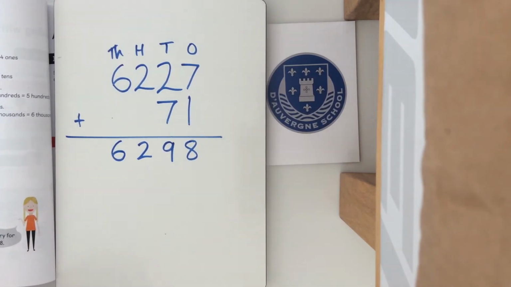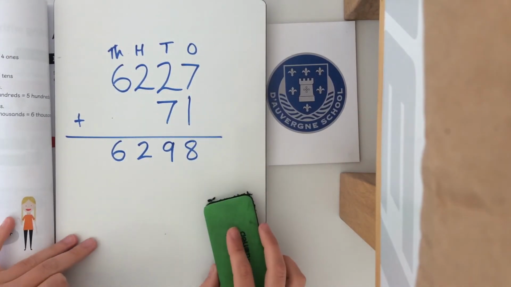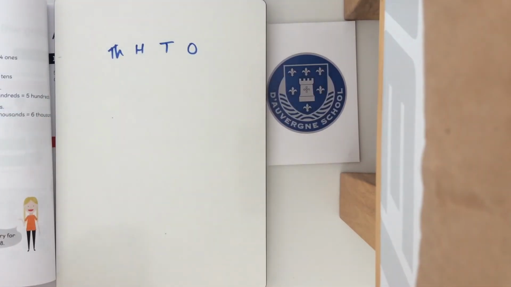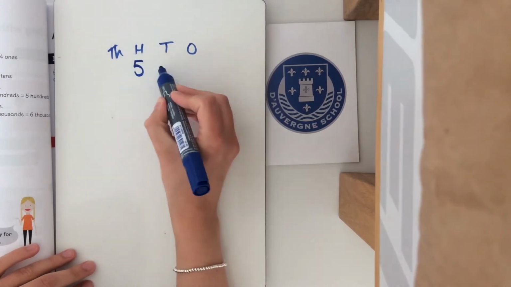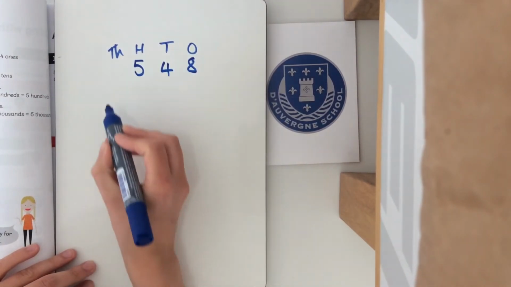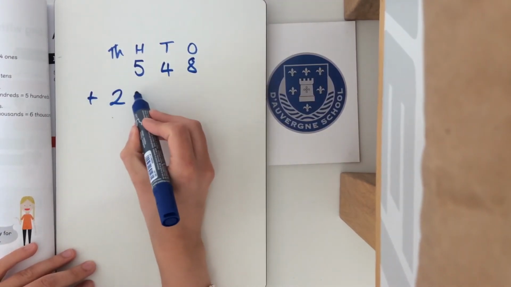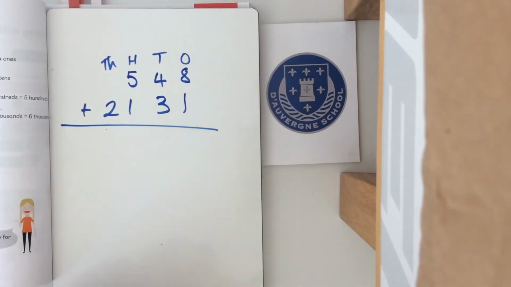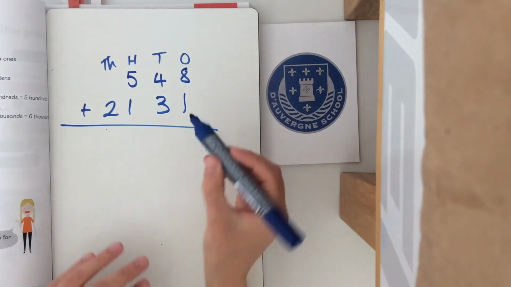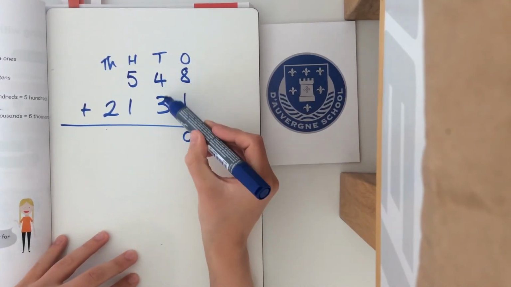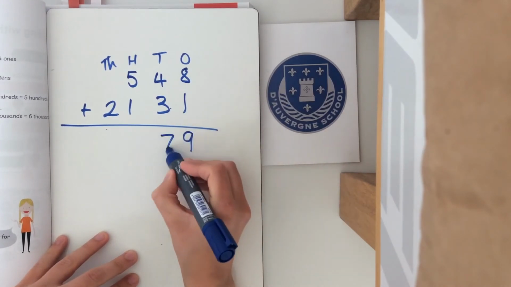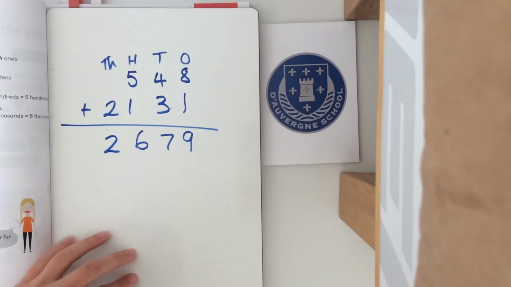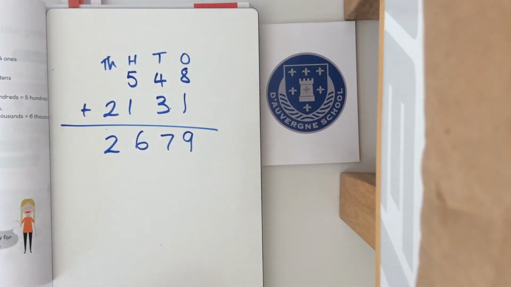So number 1 is 6,298. Number 2, we had 548 add 2,131. Once again, my digits are all in the correct place value column. 8 add 1 is 9, 4 add 3 is 7, 5 add 1 is 6, and 0 add 2 is 2. So number 2 is 2,679.